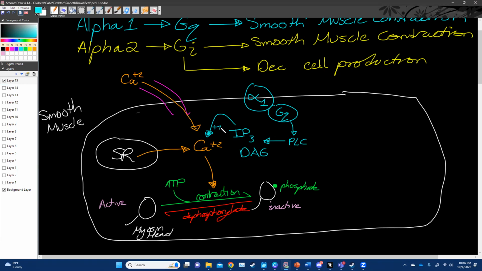So we get even more. Where DAG is going to work on phosphokinase C, which is going to increase the action of phosphorylating the myosin. Overall, we are going to increase contraction. We're going to make the contraction stronger, and we're going to make it happen more often.